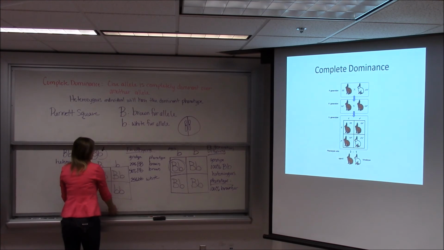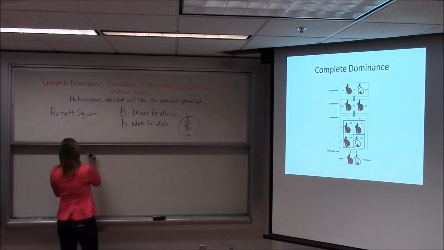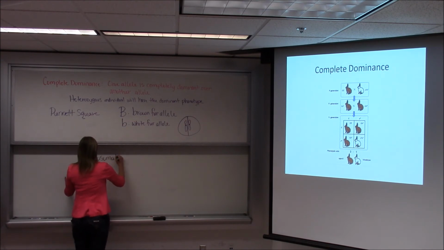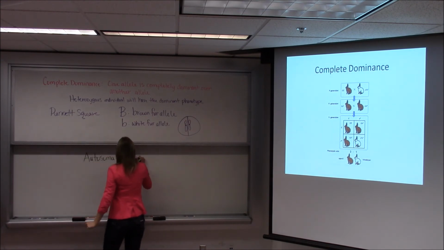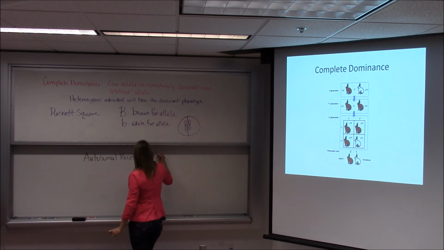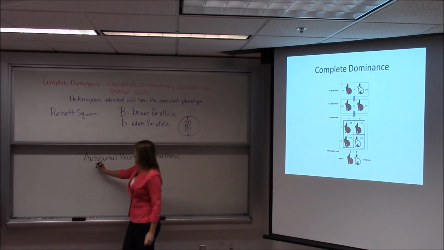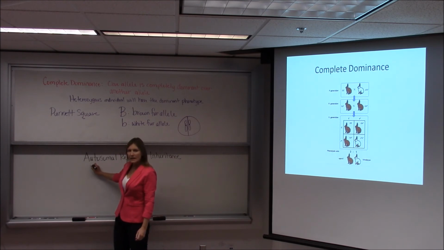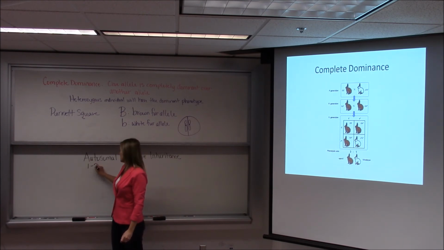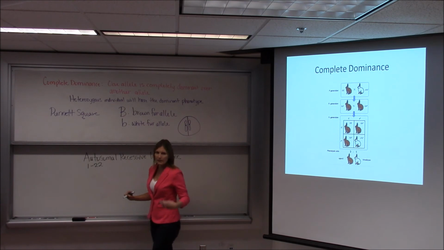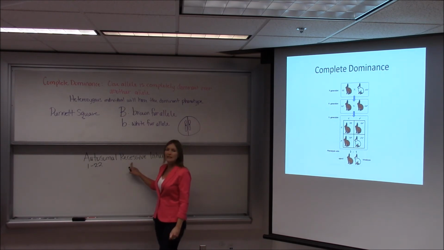So when we're talking about a disorder that is called Autosomal Recessive inheritance, it means autosomal, that's telling you it's inherited on chromosomes 1 through 22, not sex chromosomes. Recessive means it's carried on the recessive allele.